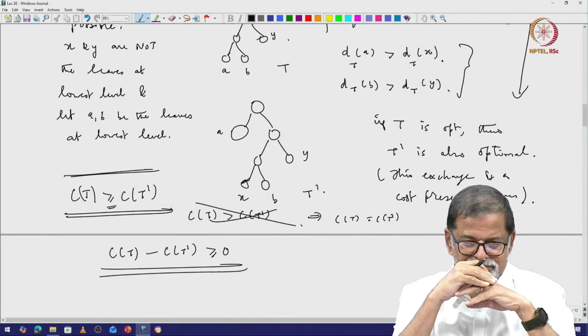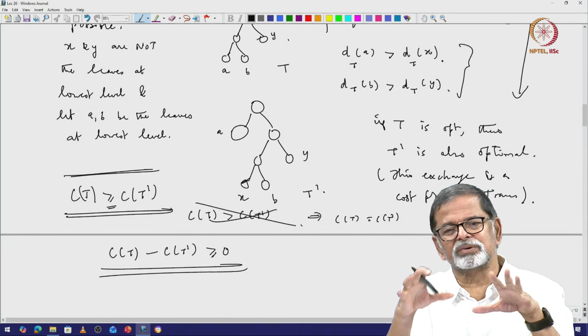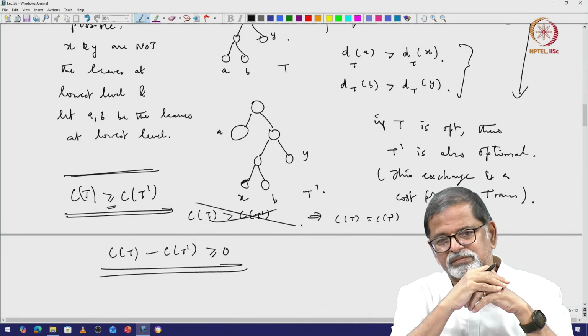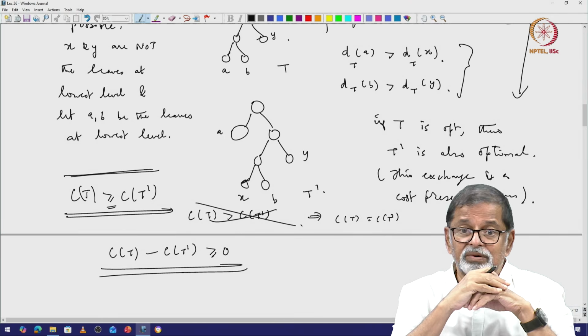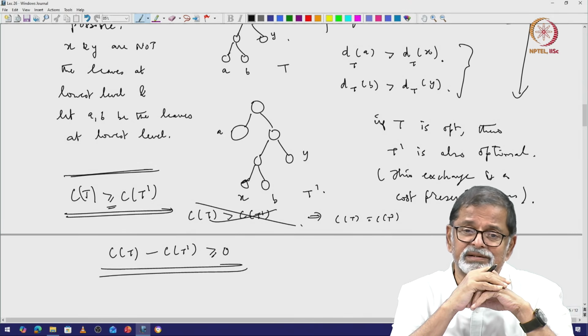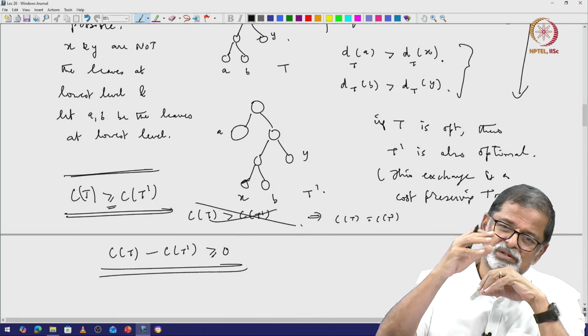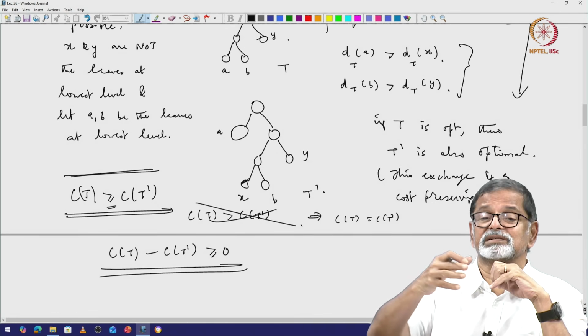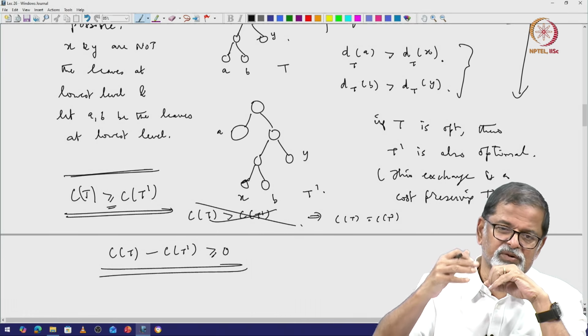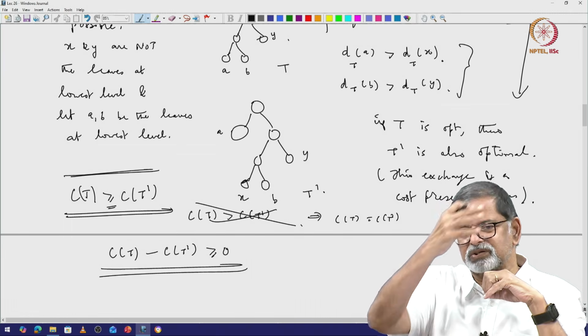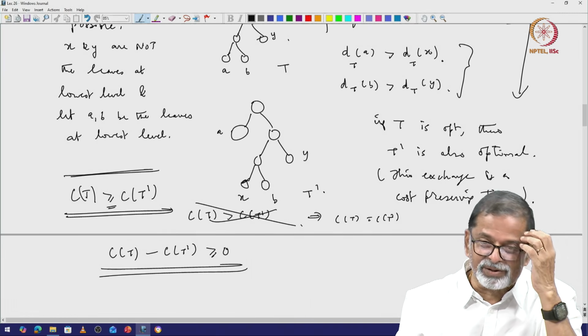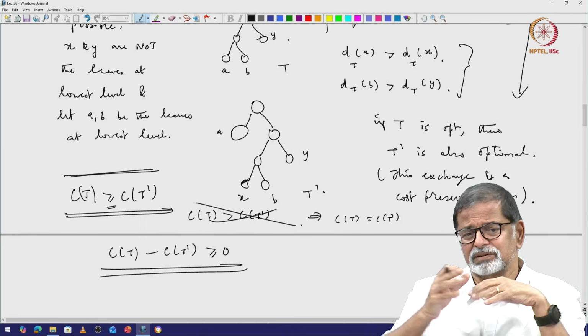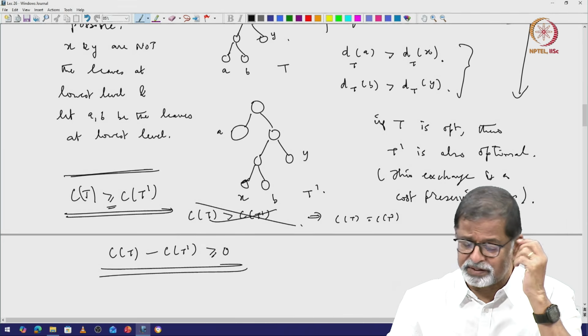The codes will remain same. Therefore, for all other characters, the code word as well as, of course, the frequency is a part of it. Code word being identical, when you subtract from the cost, cost is the sum of those things. When you subtract, all of them will vanish.